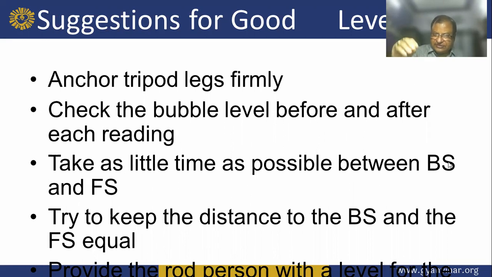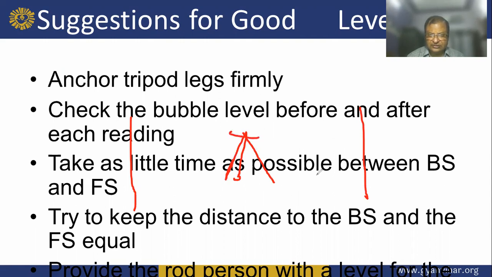Try to keep the distances to the BS and FS equal. Equal means if you are taking the level, one rod is here, one rod is here, so try to set your machine at around the same distance.